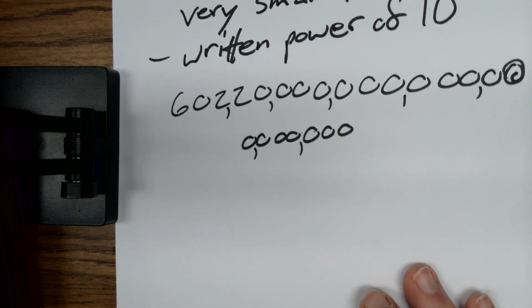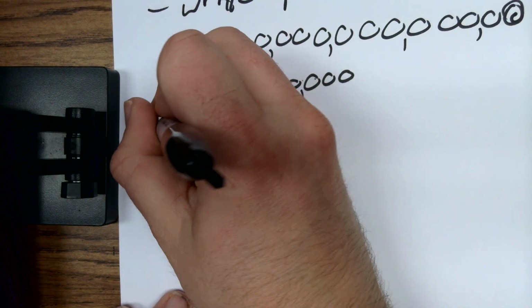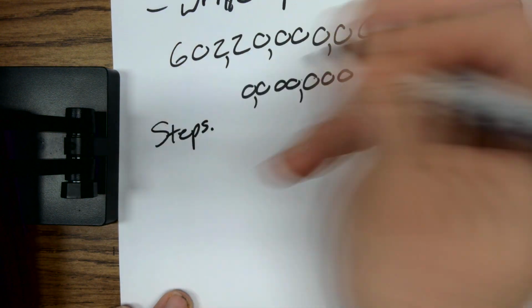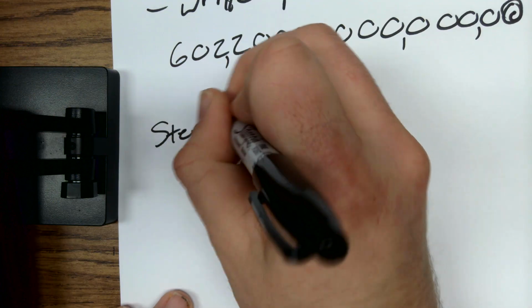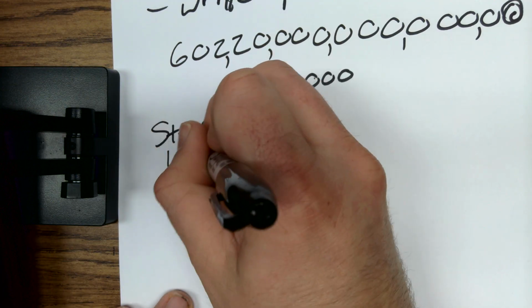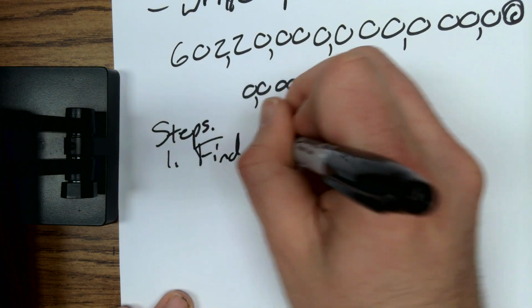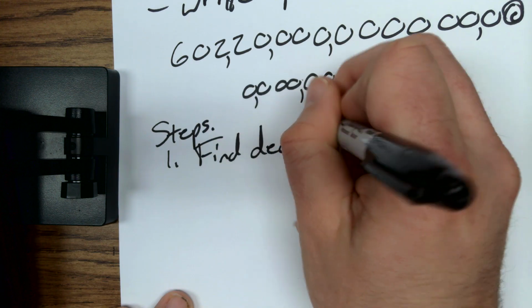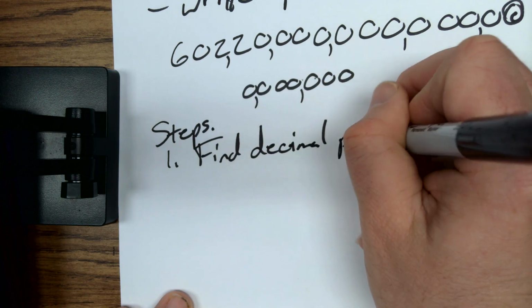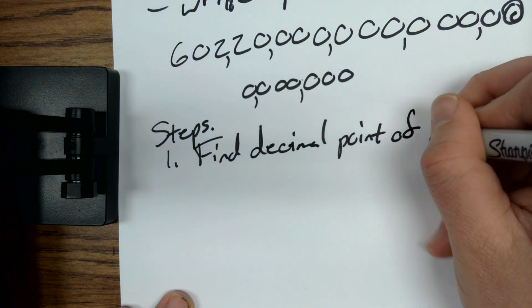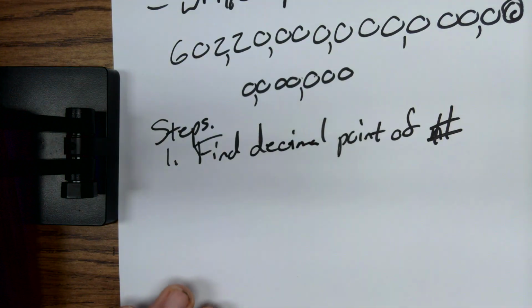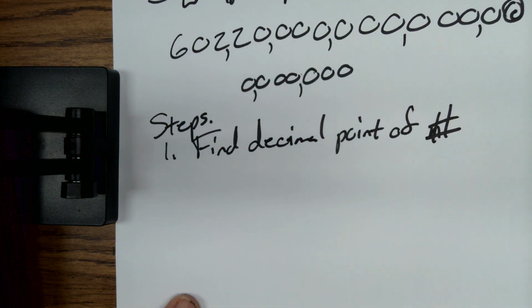So, the first thing I want to do, I have some easy steps. I need to find the decimal point of the number. Where am I going to find the decimal point of this super duper long number? At the very end, right?